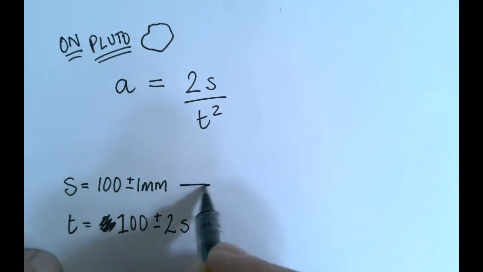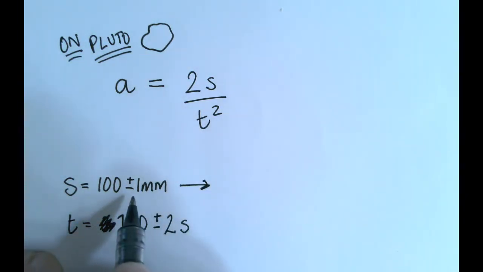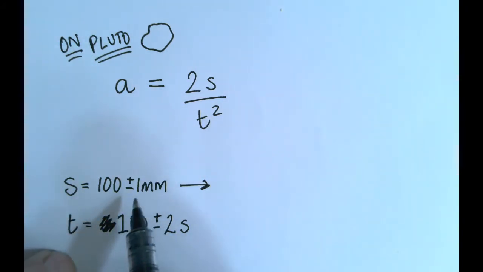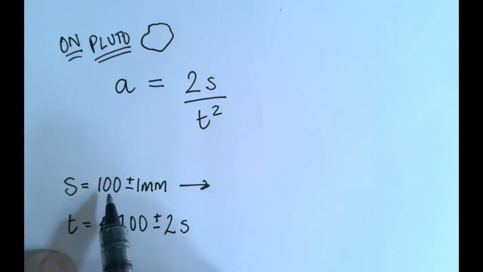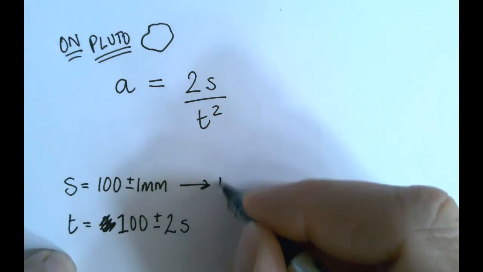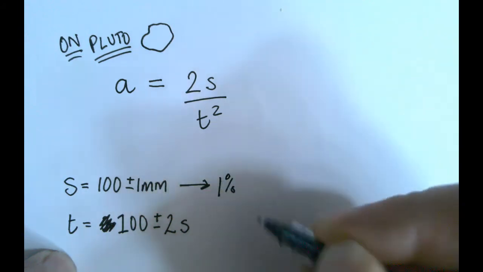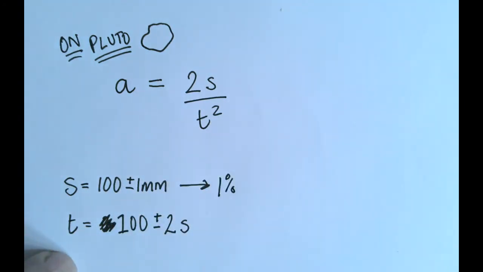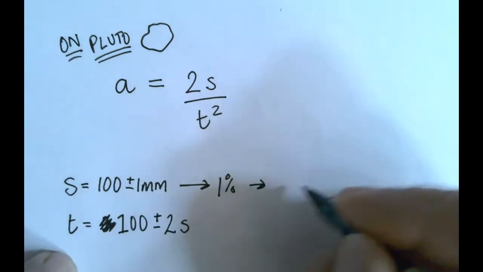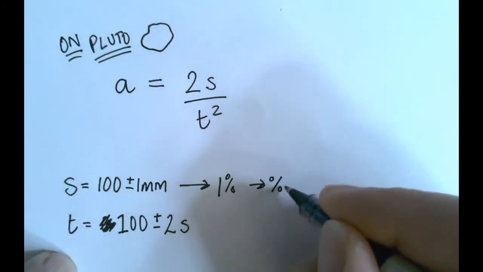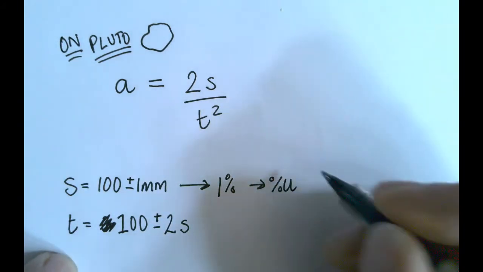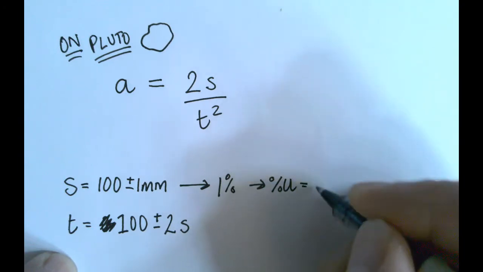So you turn your absolute uncertainty, plus or minus 1 millimetre, into a percentage uncertainty that just means what percentage is 1 of 100. 1%. So we'd normally write that as the percentage U, percentage uncertainty, equals 1%.